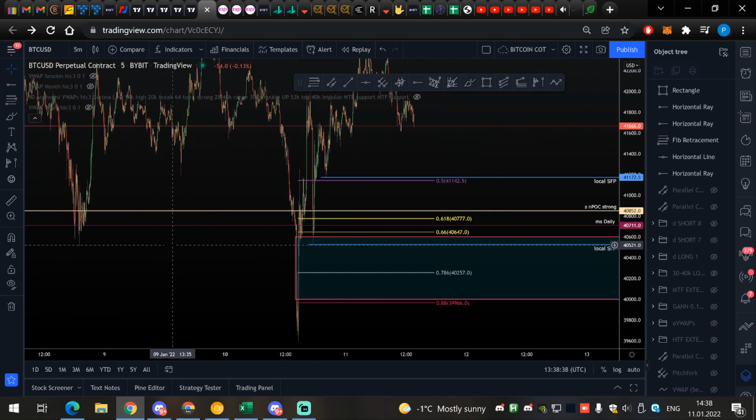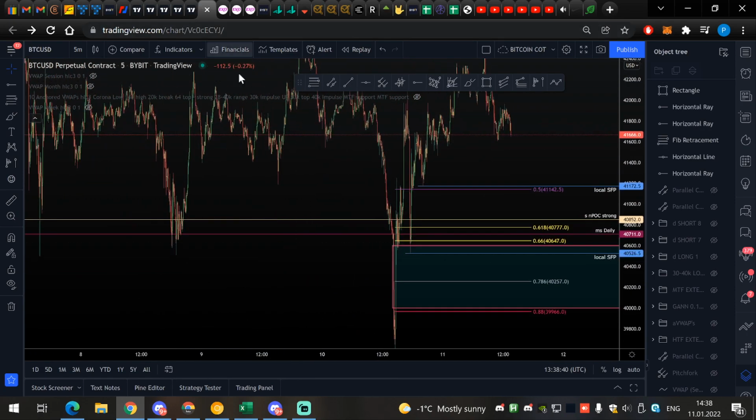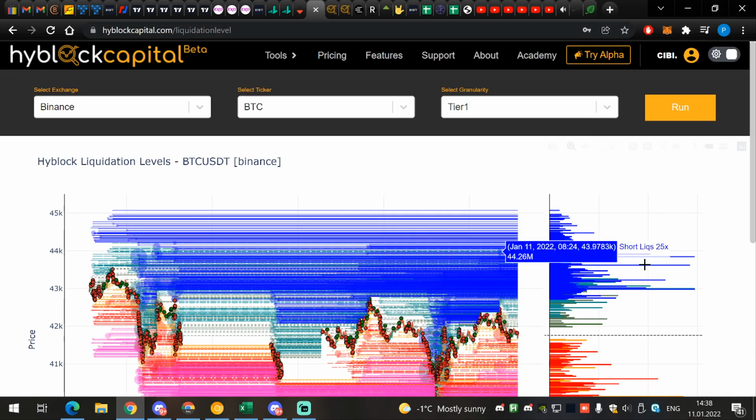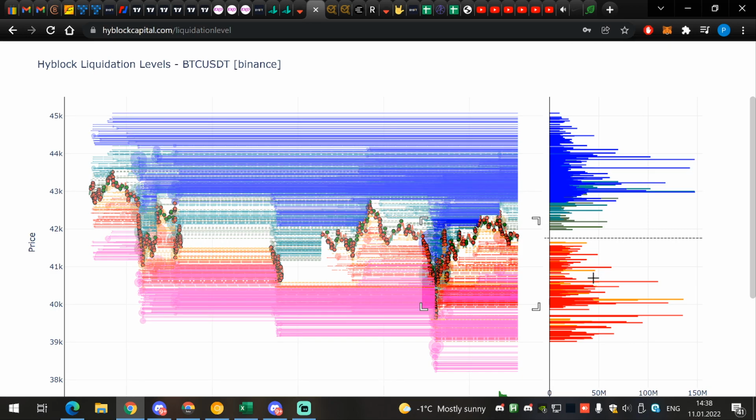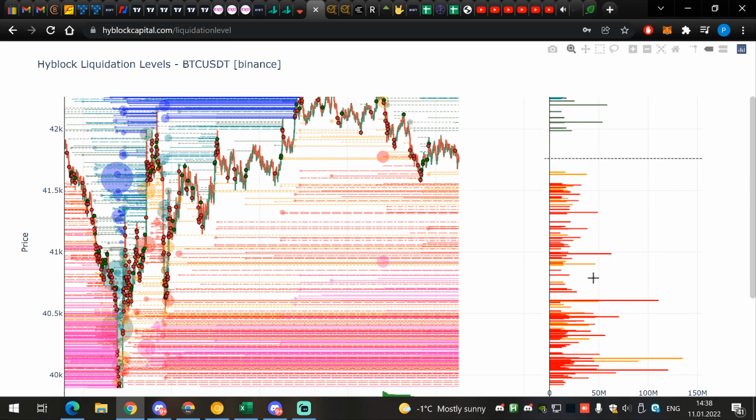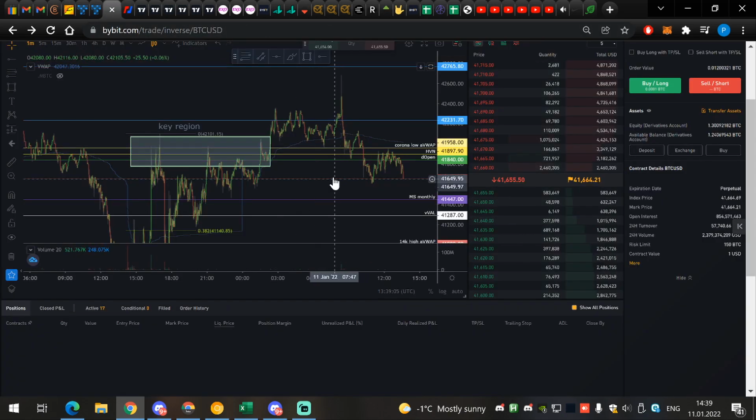So liquidity is under the golden zone. Okay, let's have a look at more. Pretty scattered liquidity under this low. Okay, we can keep it as a swing failure pattern. The one down there is the most important one. This one is also very tasty. Yeah, the market definitely wants to go grab some more liquidity.